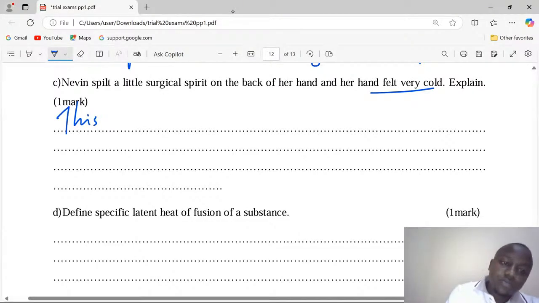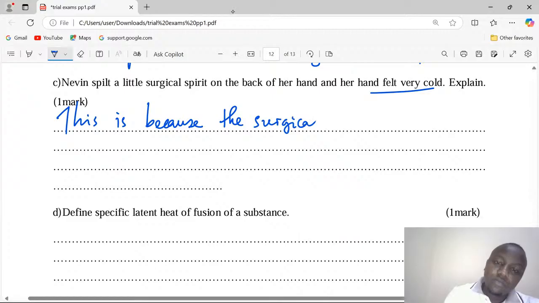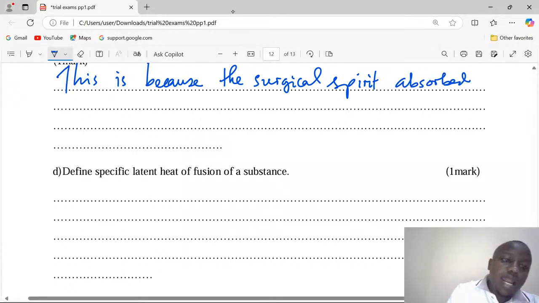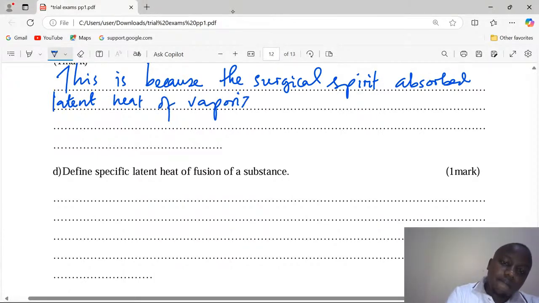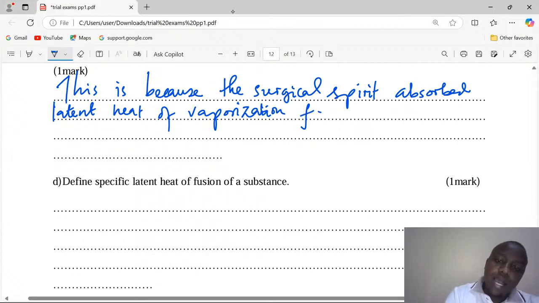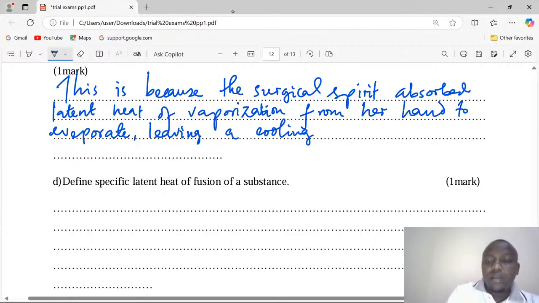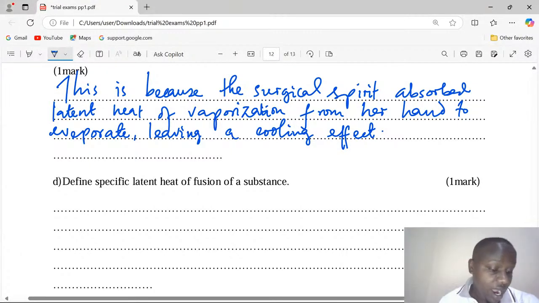This is because the surgical spirit absorbed latent heat of vaporization from her hand to evaporate, leaving a cooling effect.